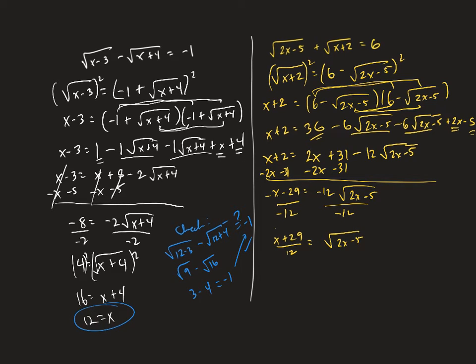Now, I'm going to square both sides to get rid of the radical. The thing on the left-hand side is x plus 29 squared over 144, and this thing on the right-hand side becomes 2x minus 5. I'm going to multiply both sides by 144.